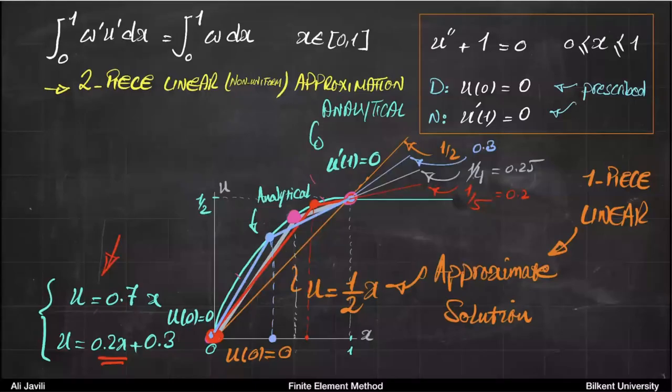Okay, so the blue solution that we don't have on this slide is u is 0.8 times x, and for the second piece is 0.3x plus 0.2.